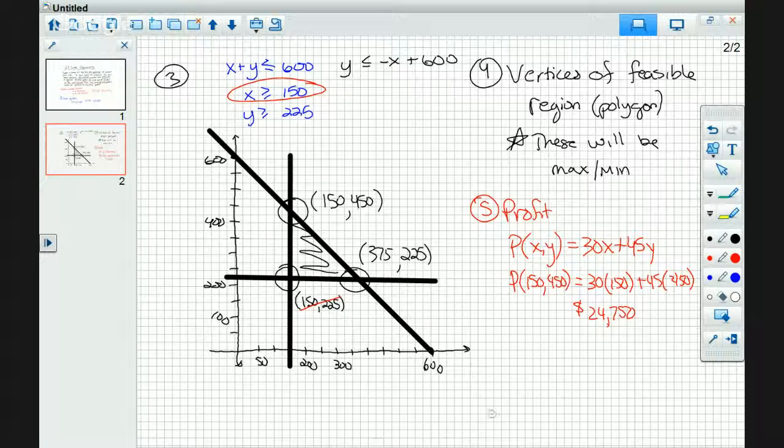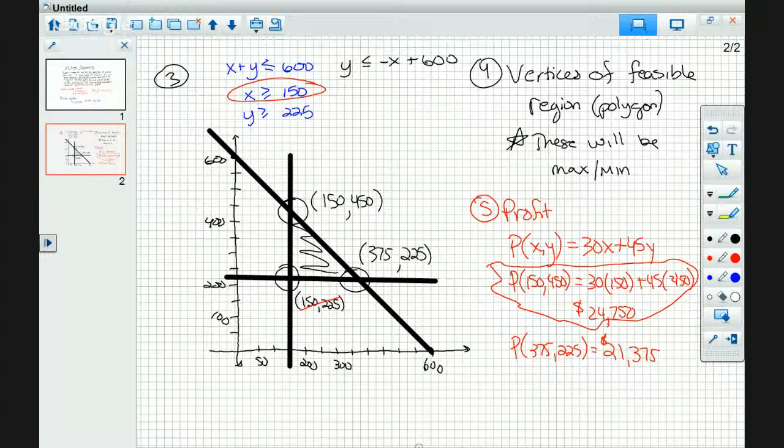Go ahead and calculate the other one. 375 and 225. I can predict it's going to be a loser. There is our maximum profit.